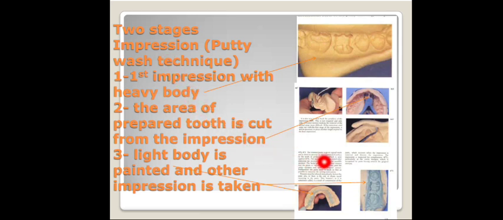The two-stage impression means that you take an impression by heavy body, then some amount of the impression material is cut in the area of the prepared teeth, loaded with light body, and the impression is replaced in the oral cavity, and this is called the putty wash technique and a two-stage impression technique.